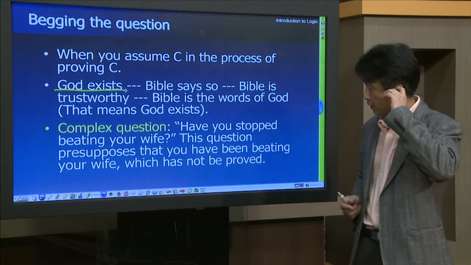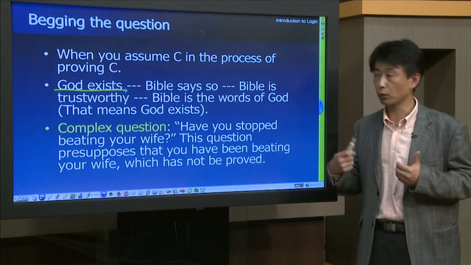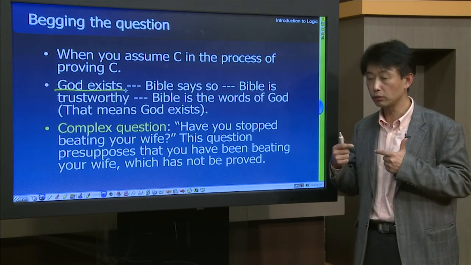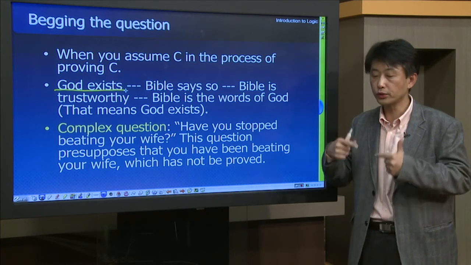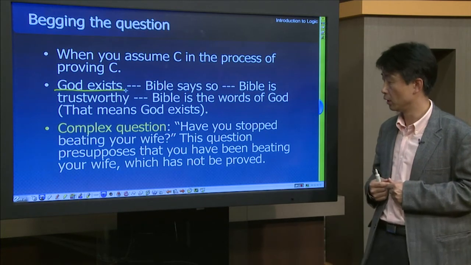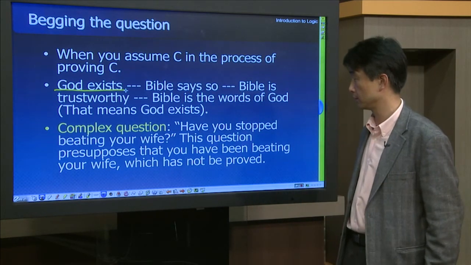Okay. So this is a kind of begging the question. The person presupposes something that has not been proved. Okay? So complex question is a type of begging the question.